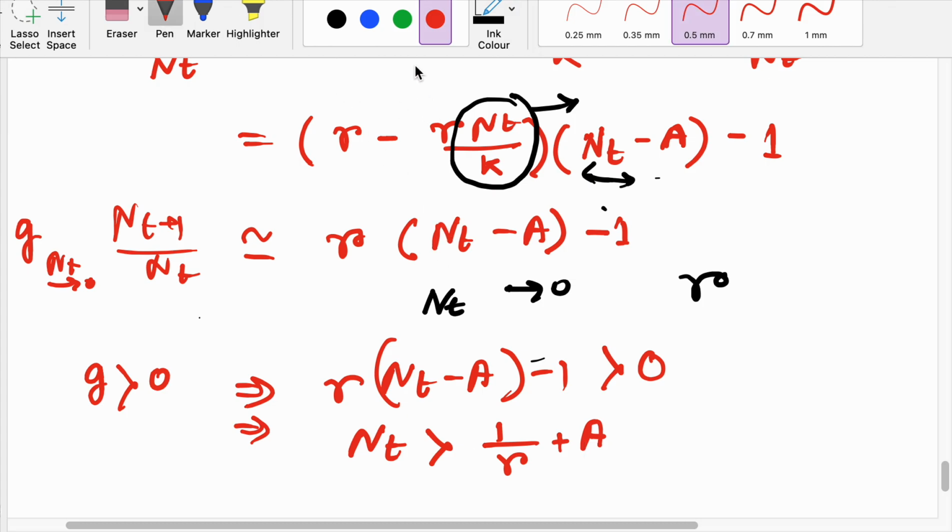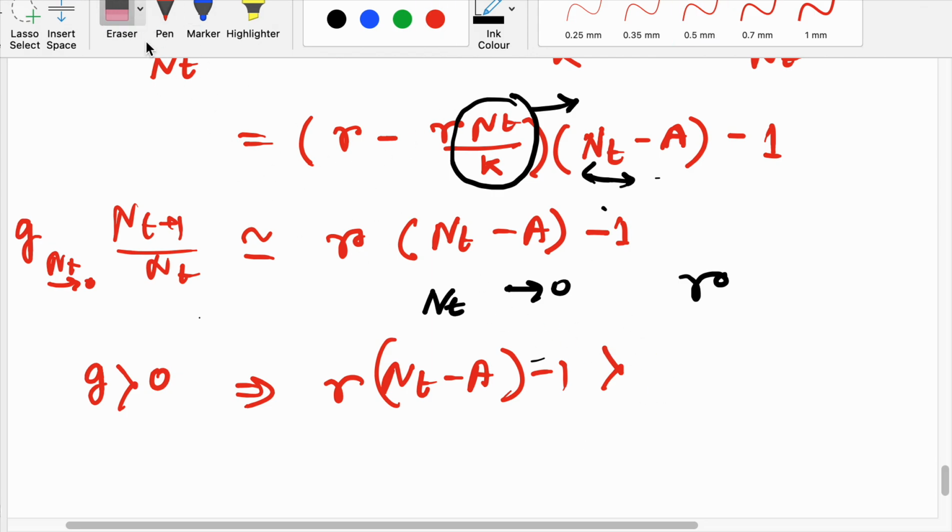So you see that if this nt, the number of individuals, is greater than, I think this is not quite right, so it should not be greater than 0, because 0 does not mean anything, so it should be greater than 1.